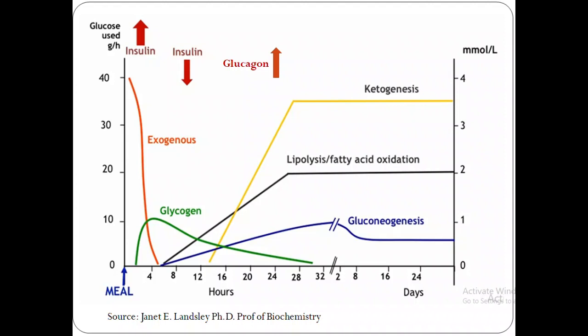At this stage, most tissues in the body switch over to oxidizing fatty acids, thus sparing glucose for utilization by the brain and the red blood cells.